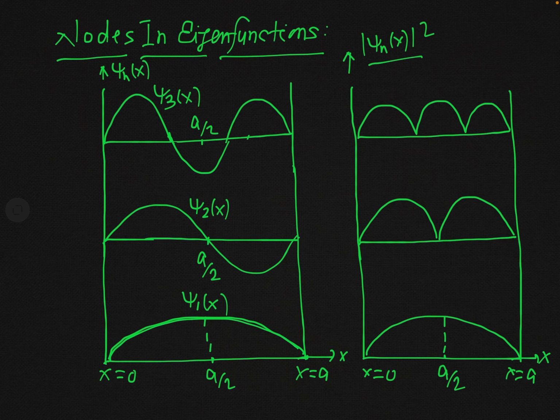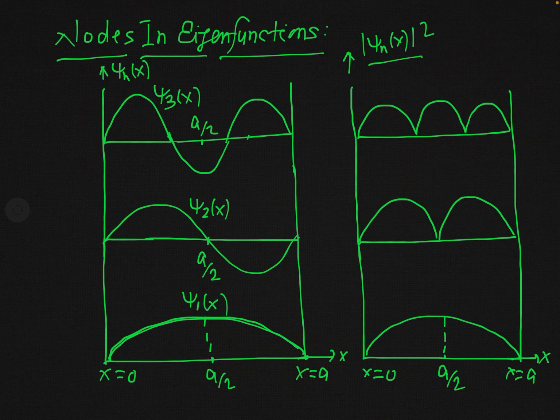The slope of the curve psi of x, that is d psi by dx, is discontinuous at the points x equal to 0 and x equal to a. Why is this discontinuous at these points?